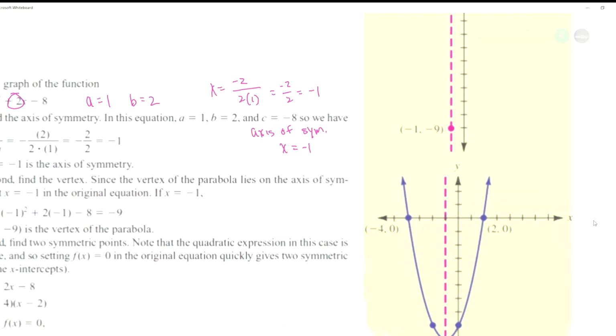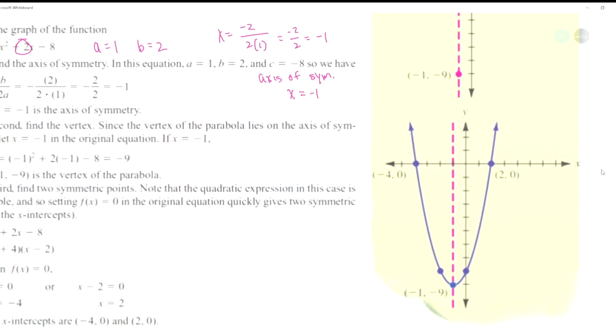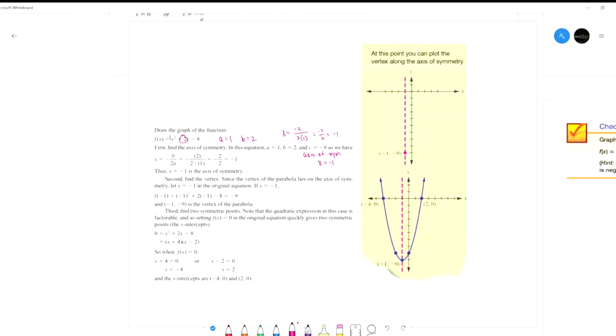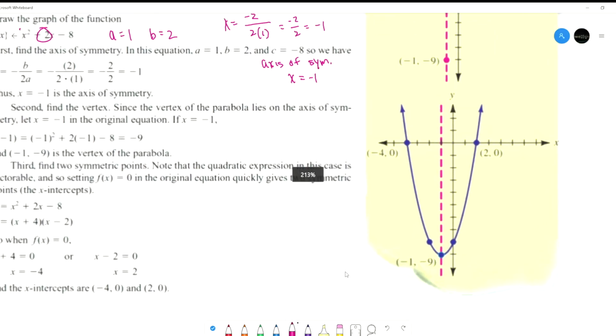All right, next we have to figure out what the vertex is. So what we do, we have to take the function that they gave us and plug in negative 1 for x. So I'm going to do f of negative 1 here is equal to, so the function was x squared plus 2x.